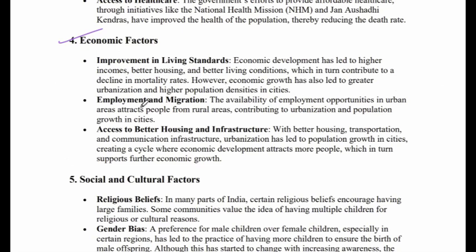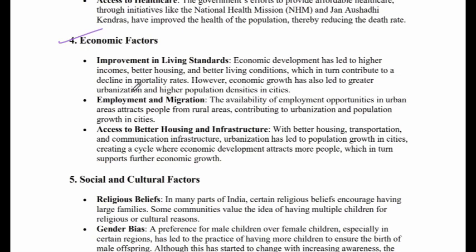Earlier, before the 1940s, 30s, or even 1900s, the average age at death was around 35, 40, 45 years. By the age of 45, 50, people used to die because of lack of medicine, clean drinking water, and sanitation.